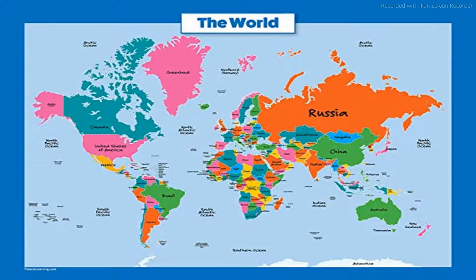Now let's get into the plateaus and plains. Large areas of highland that are flat on the top are known as plateaus.